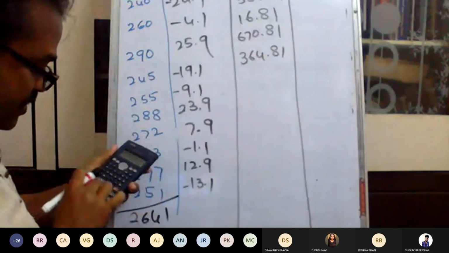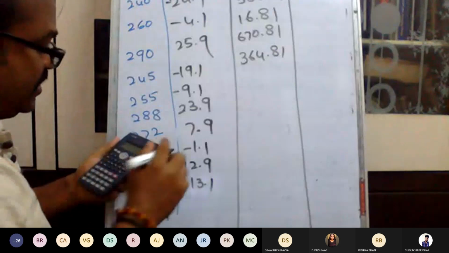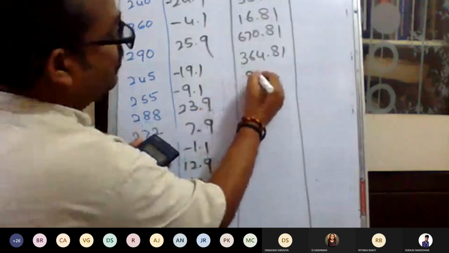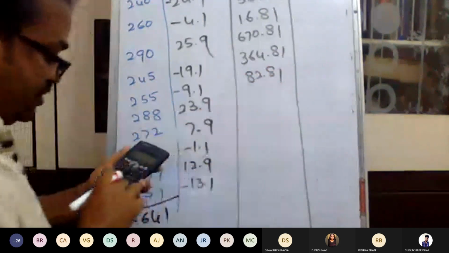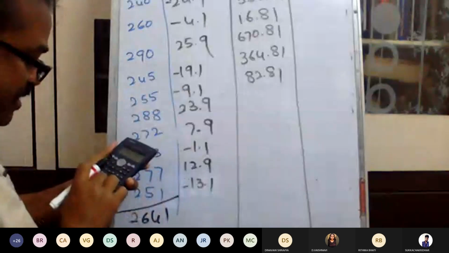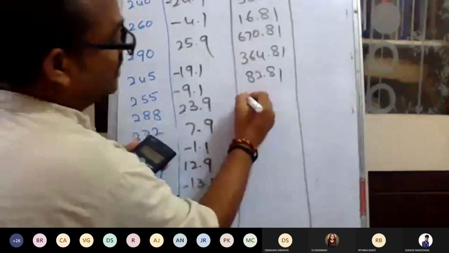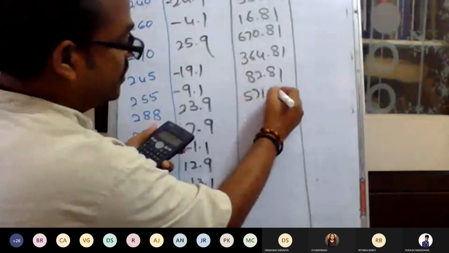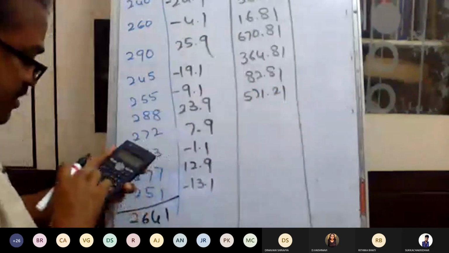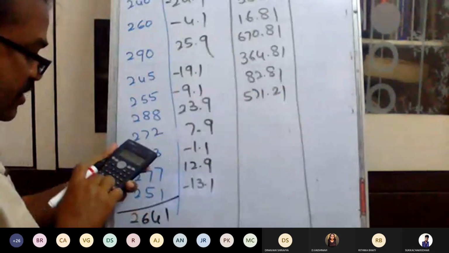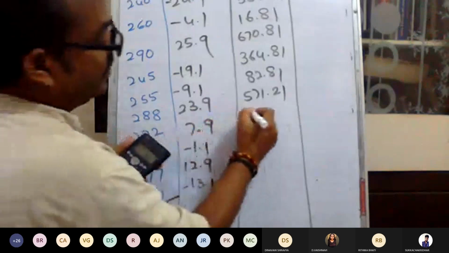Next, 9.1 into 9.1, 82.81. 23.9 into 23.9, 571.21. 7.9 into 7.9, 62.41.